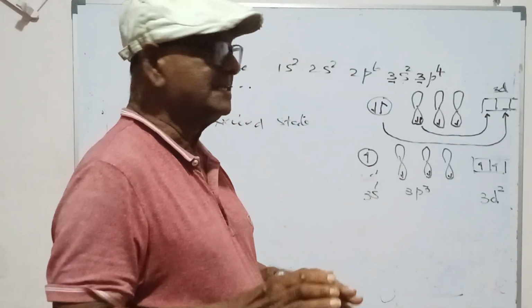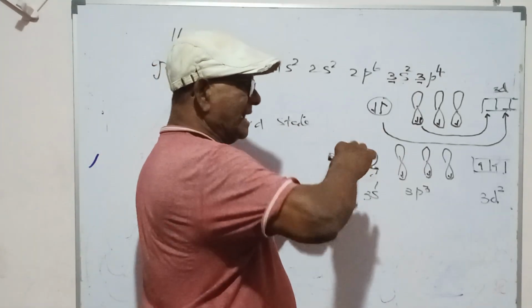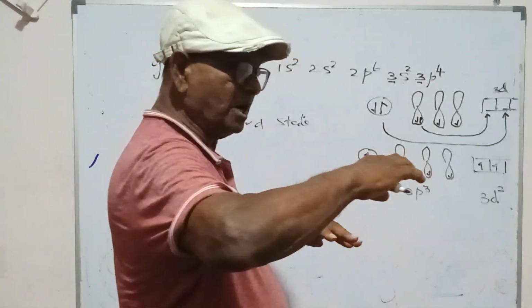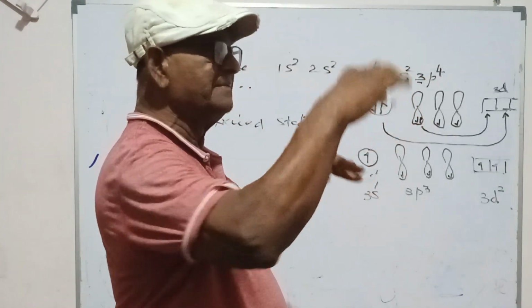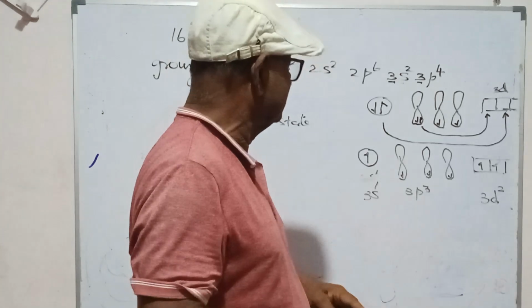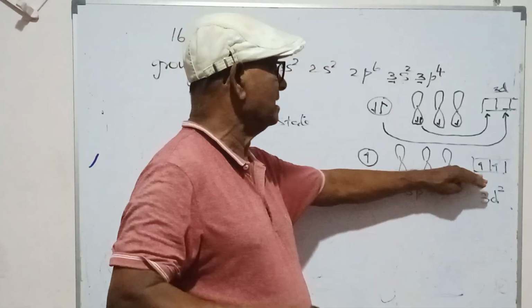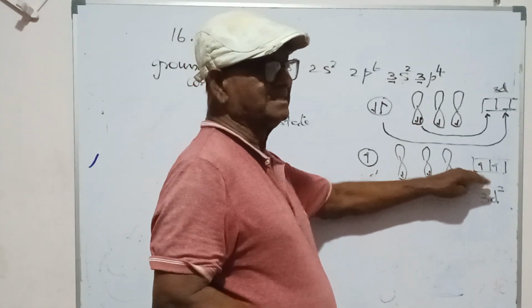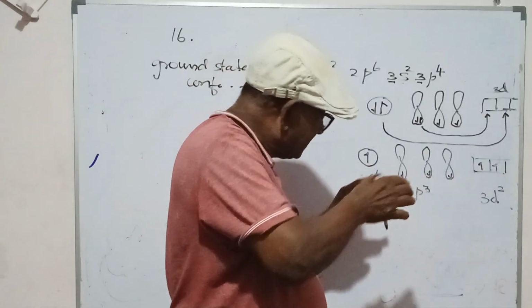But after the excitation, they are still at their original energy levels. That means 3 energy levels and 3 shapes: spherical, dumbbell, and the unknown shape.